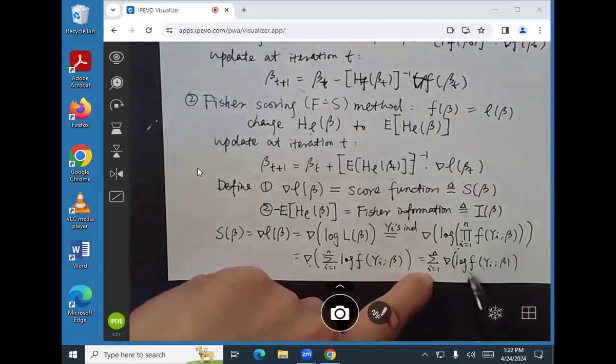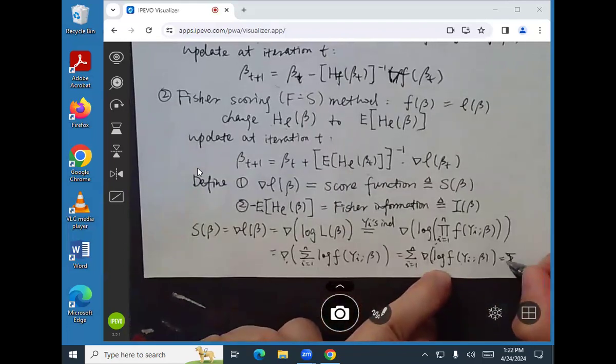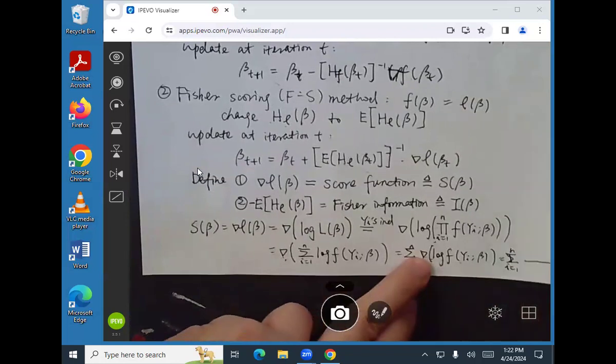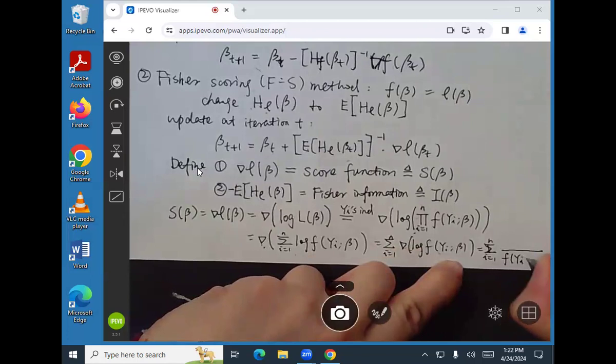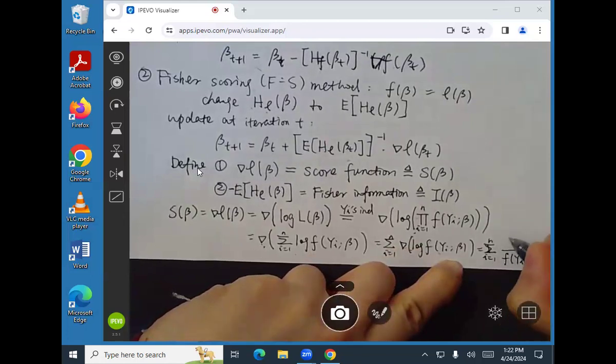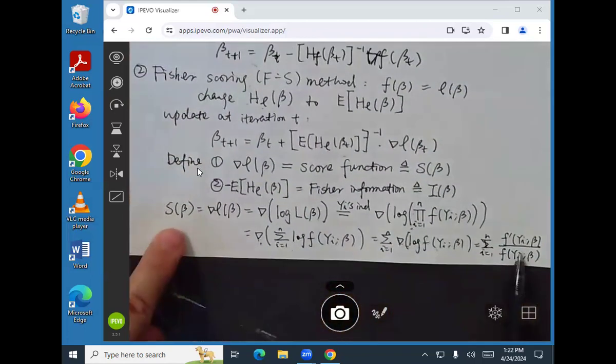So we will have 1 over f, and then we need to take the derivative of f, so we have f prime, right? So essentially, this becomes the summation i from 1 to n of f prime of yi given beta over f of yi given beta. Okay, this is the score function.